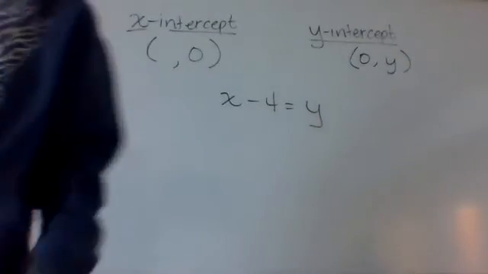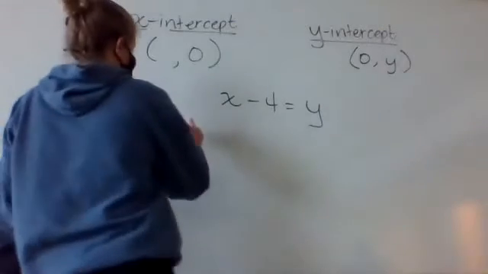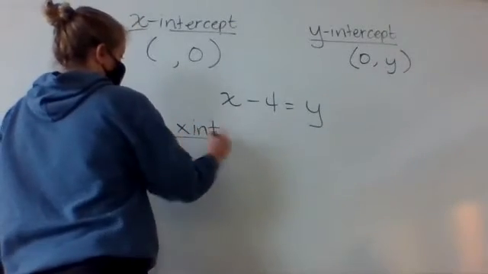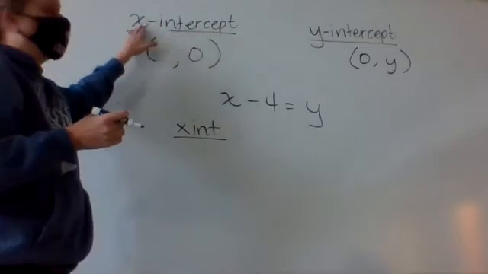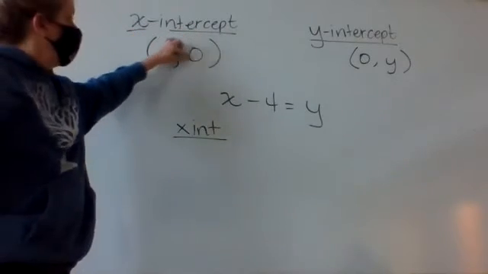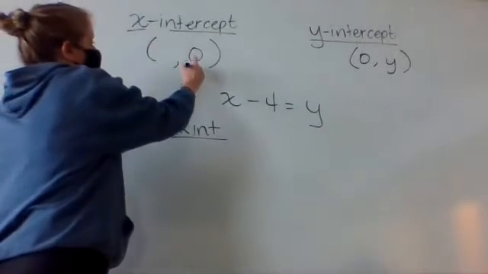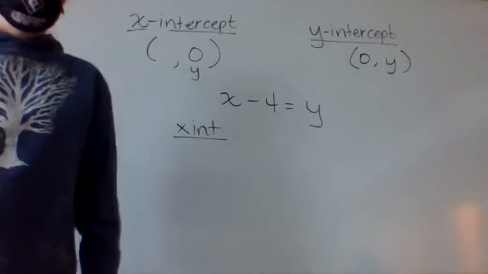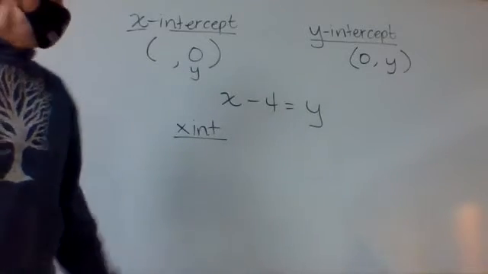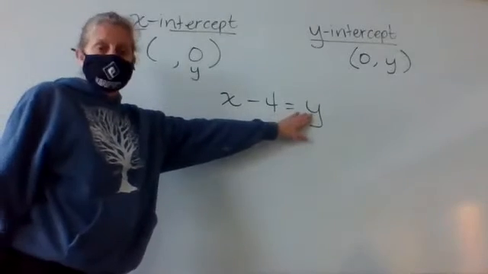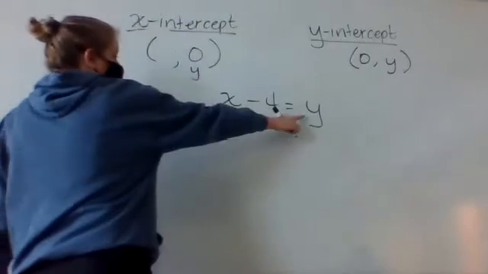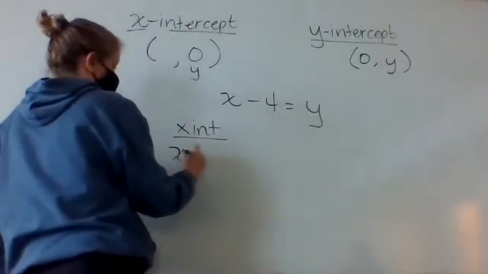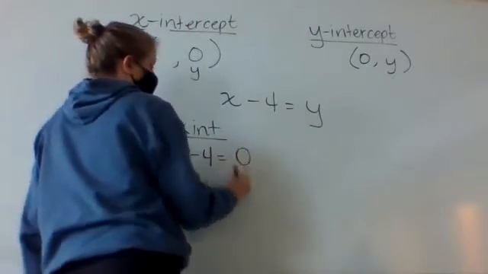So if I'm going to find the x-intercept, what do I know again about all x-intercepts in the world? That their y is 0. Well, put the 0 in the y. So if I put a 0 in my y spot, I have x minus 4 equals 0.